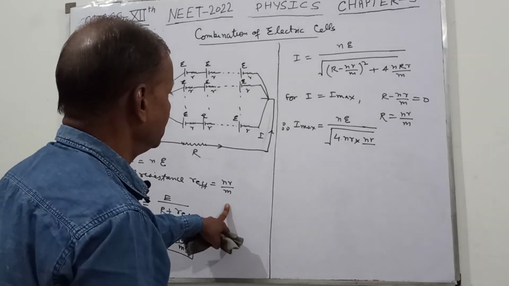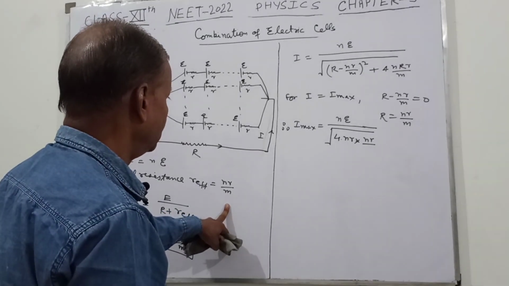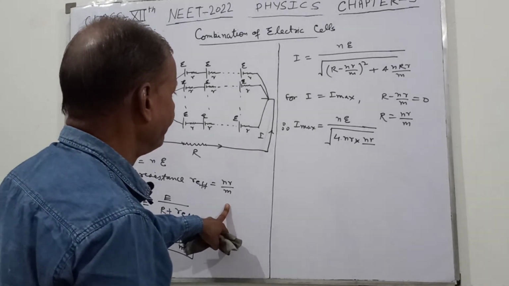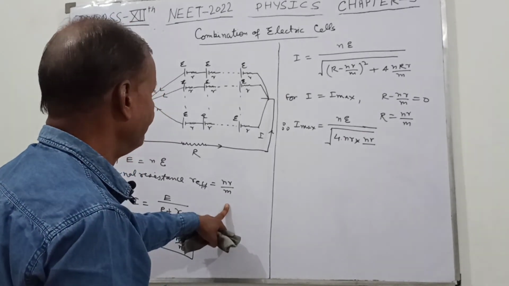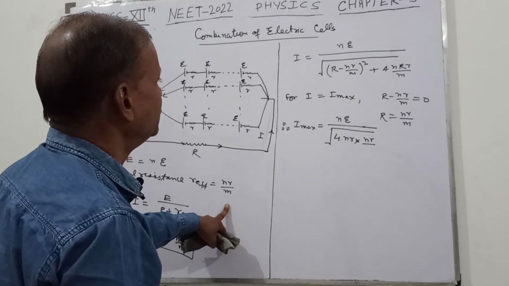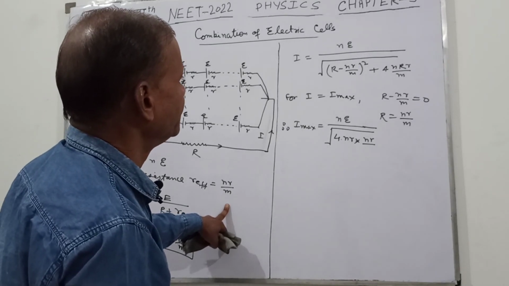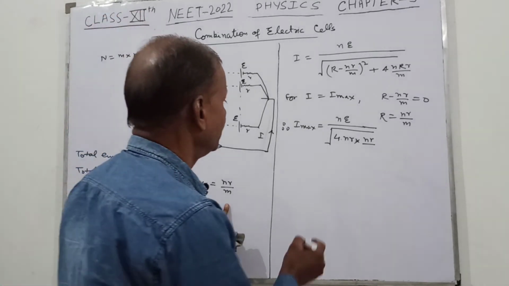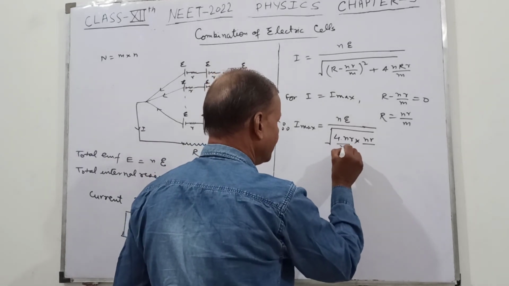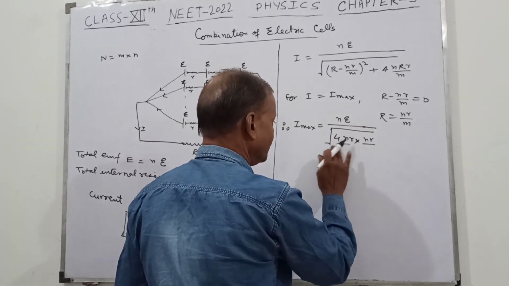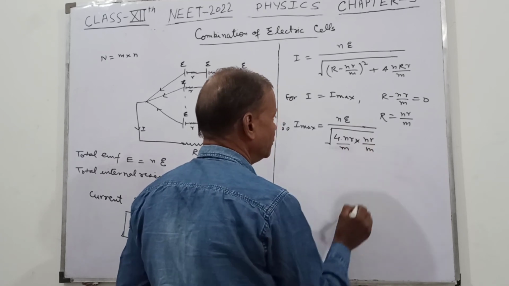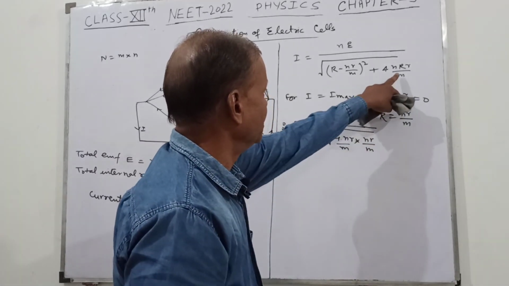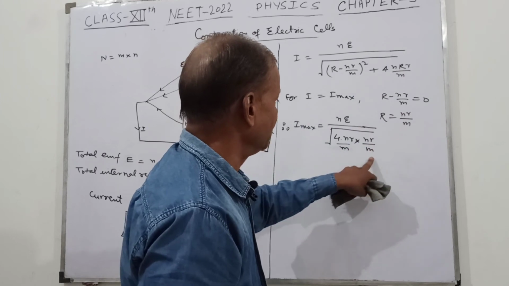This is your nE. This is now whole square, nr upon m. We have put the value of R here, that is nr upon m.